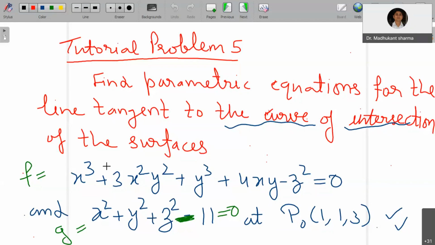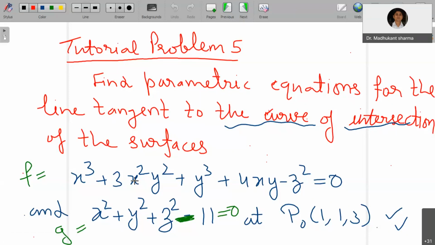If it is possible to get y as f of x, you will get the exact equation of the curve, and then we can find grad f and do a dot product with the point to get the tangent equation. That's correct? You can try that and match with the answer. We'll see that.